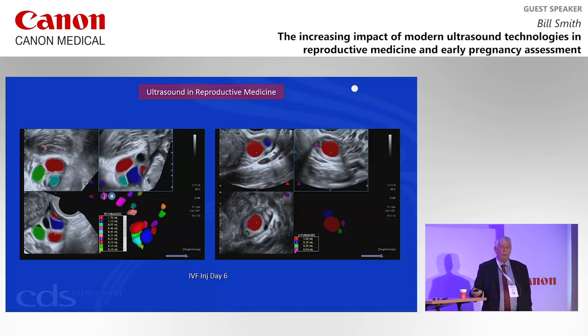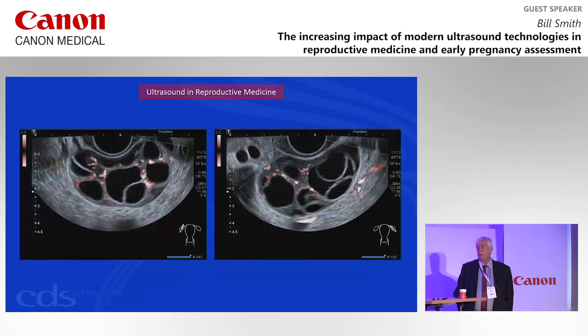You might have 10 follicles there, but we don't know which are the mature follicles. Size doesn't tell you that. And also, if you have an estradiol of X thousand units, you don't know which of those follicles is producing that level of estrogen. So we need another parameter to overcome that.